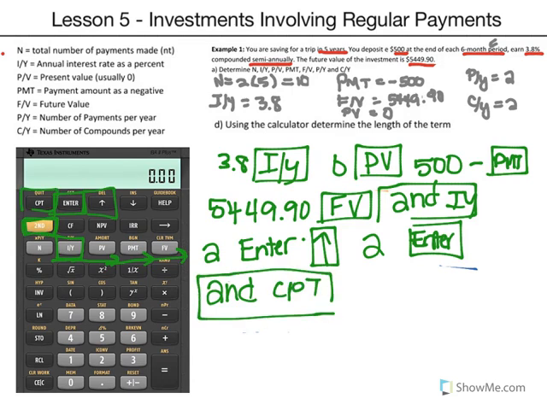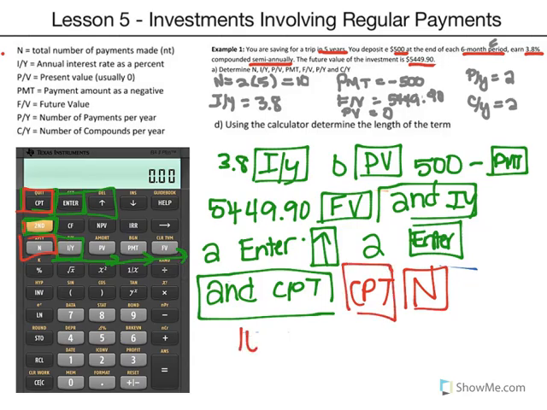Now we've done all we can. We just have to compute our answer. So compute N. And you should get 10.000. Now, that's our number of payments.